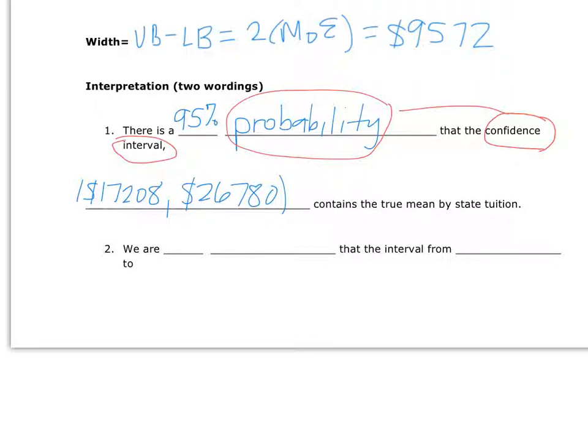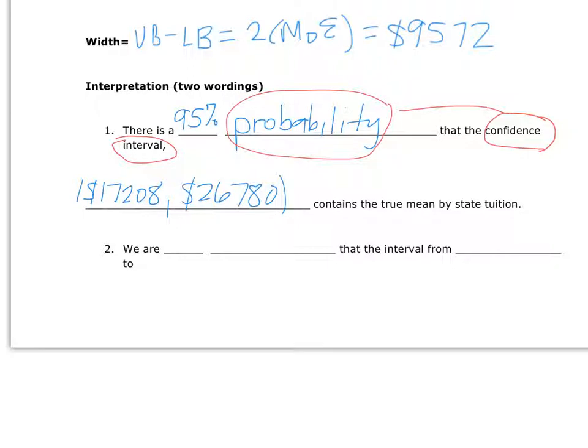So the 95% probability is associated with the interval, not the true population mean. The true population mean is a fixed value. Even though we don't know what it is, it's not random. So the probability has to do with the confidence interval, in other words, the upper bound and the lower bound values.